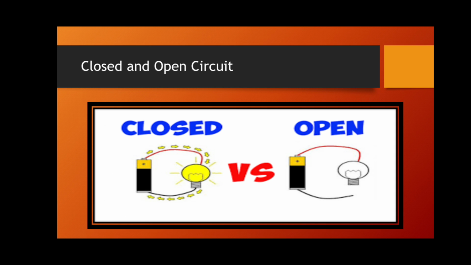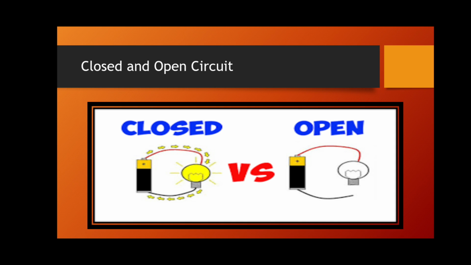Now here you can see there are two different circuits. One is written closed and the other is open circuit. So what do we mean by closed and open circuit? If the electric circuit is complete and there is no break in the circuit, then such a circuit is called a closed circuit, and if there is a break in the circuit, it becomes incomplete.